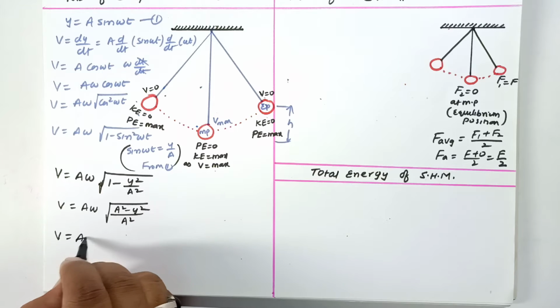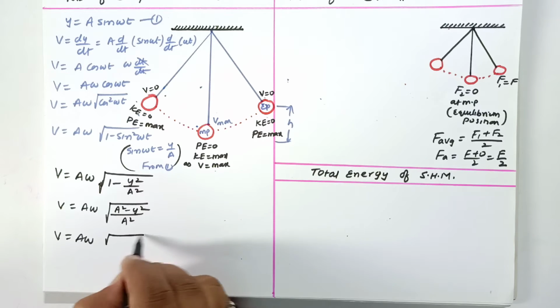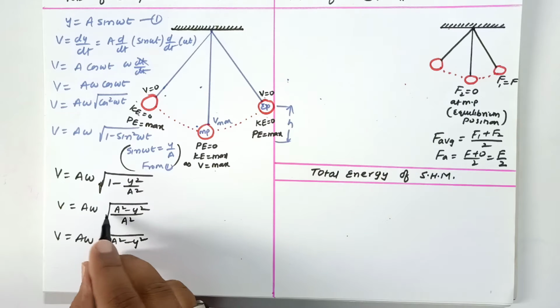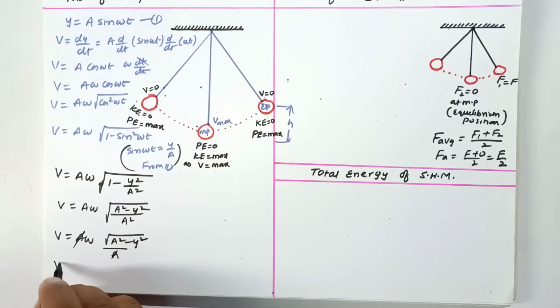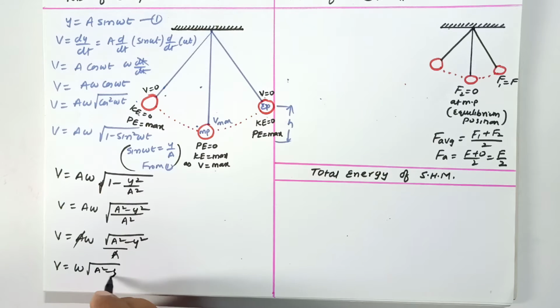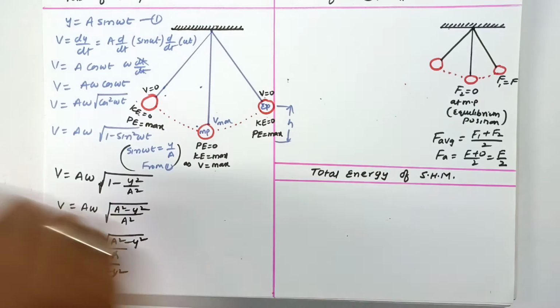So v is equal to a omega times the square root of a square minus y square, all divided by a, and a and the root a square cancel, so a comes outside and gets cancelled. What is the formula for velocity? It becomes omega into square root of a square minus y square. So this is the formula for velocity here.